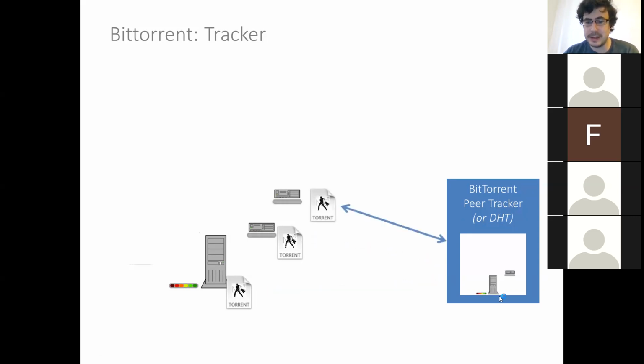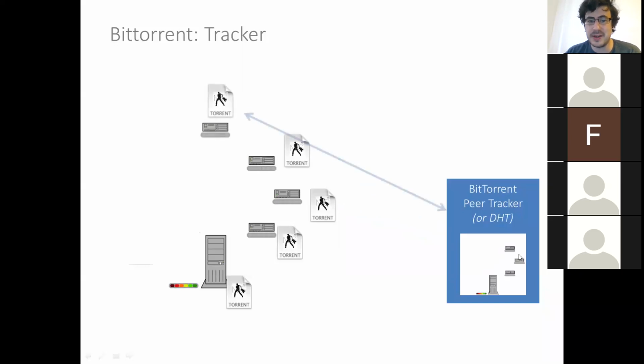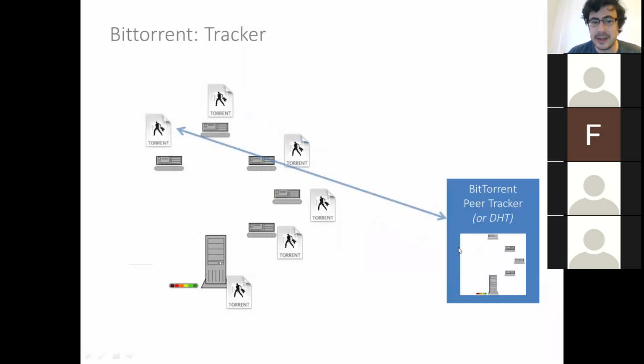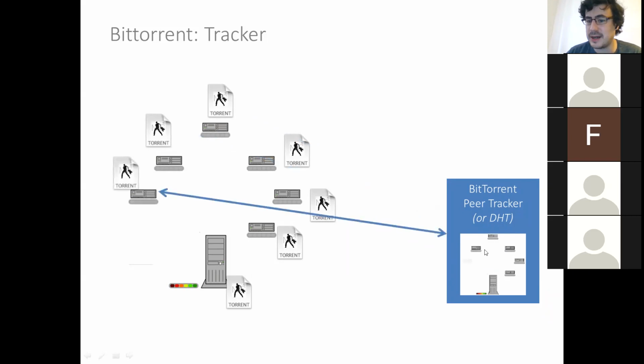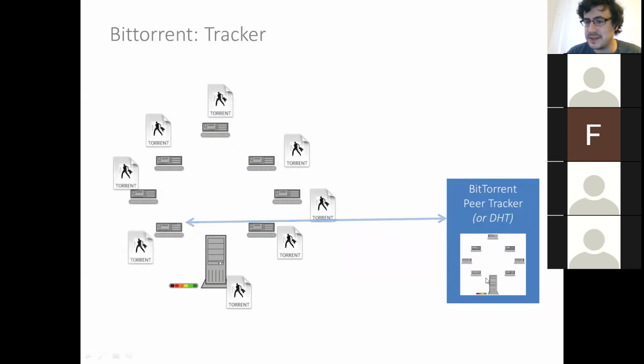This contains information about which peers are connected to the network. As more peers connect, this tracker will keep track of who is looking for what data, what their IP addresses are, what clients they're using, and which blocks they have, I believe. So again, this is its own system, right? This can be a central client-server, or a structured peer-to-peer, which is the case for a distributed hash table.